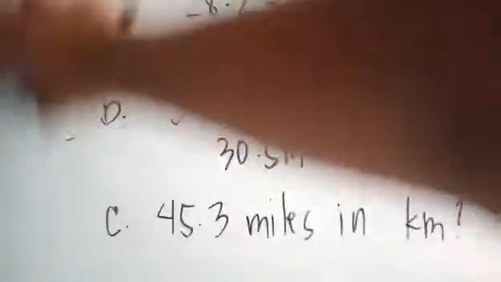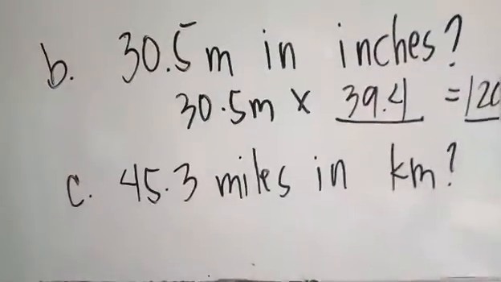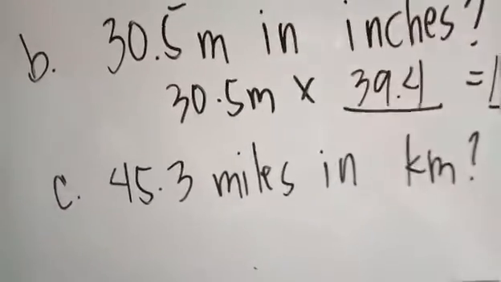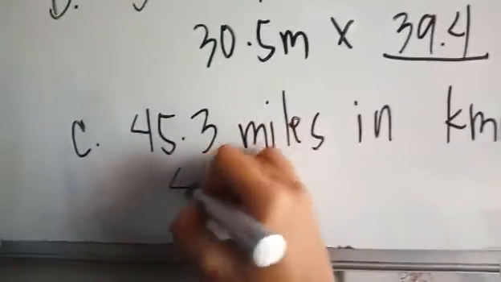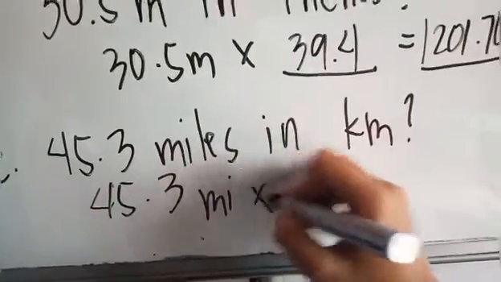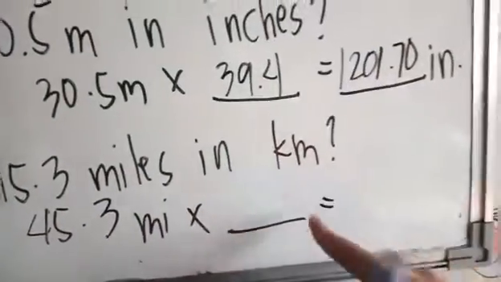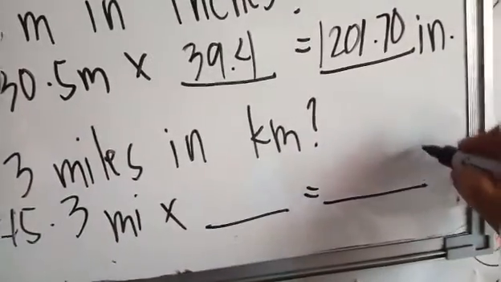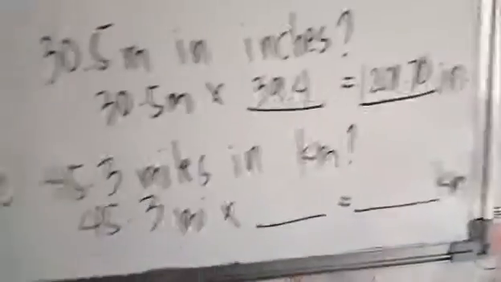So, we have here, what is 45.3 miles in kilometers? So, we have, dito ay 45.3 miles times, then we have, yung sagot natin ay magiging kilometers. Okay.